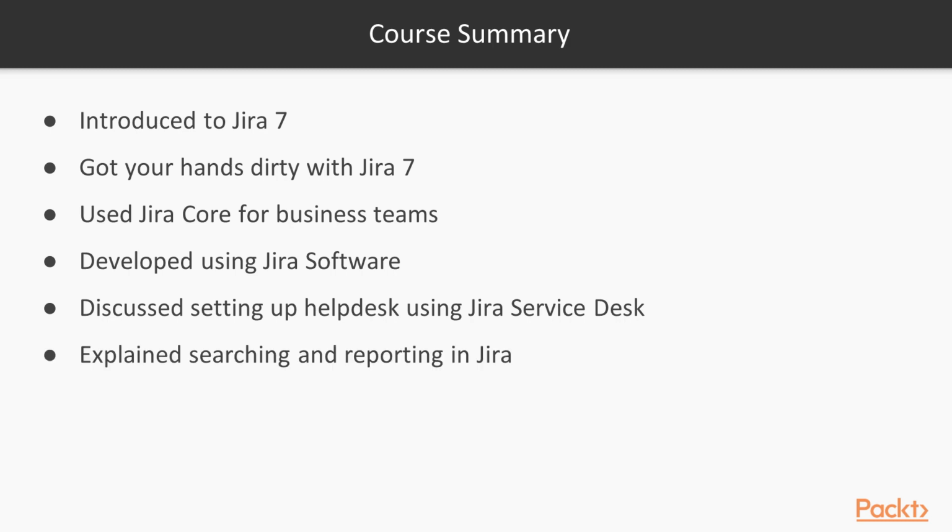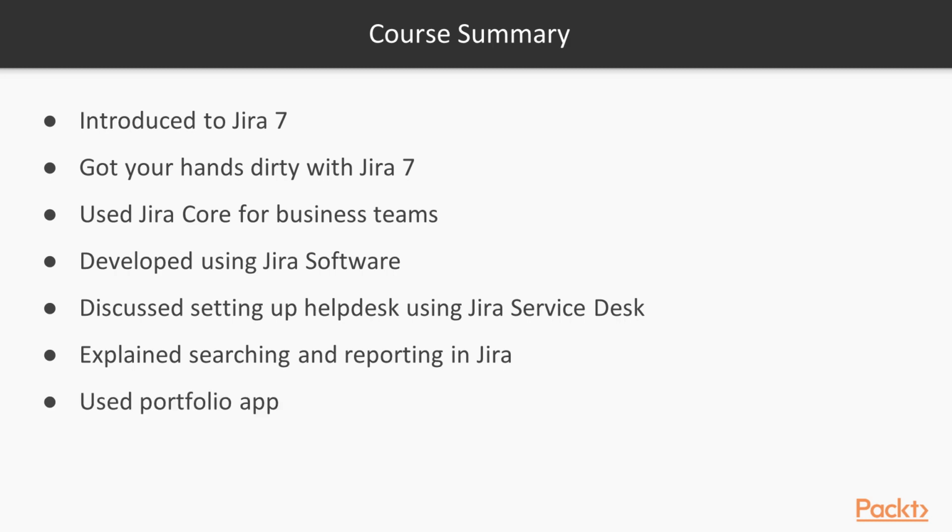We also discussed the searching and reporting capabilities in JIRA, where we not only had a look at the basic search feature, but we also spent time understanding the advanced searching capabilities in JIRA using JQL. And finally, we created various reports and dashboards in JIRA to stay on top of your project activities.